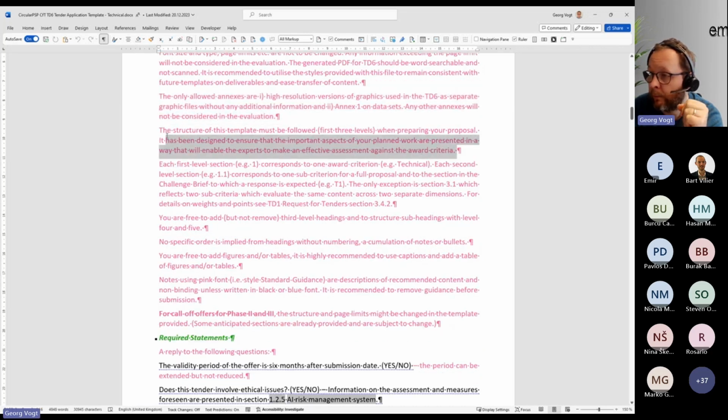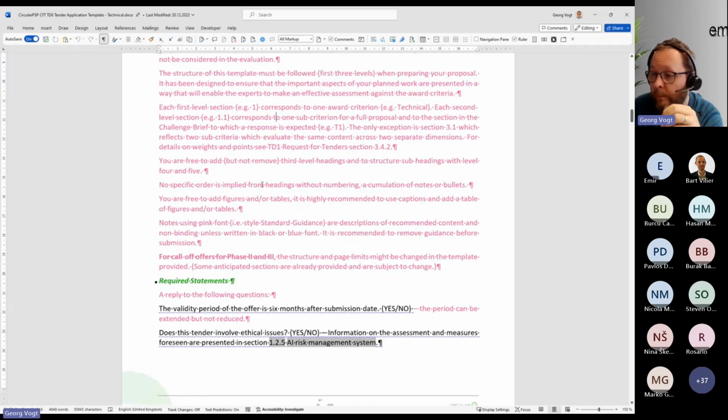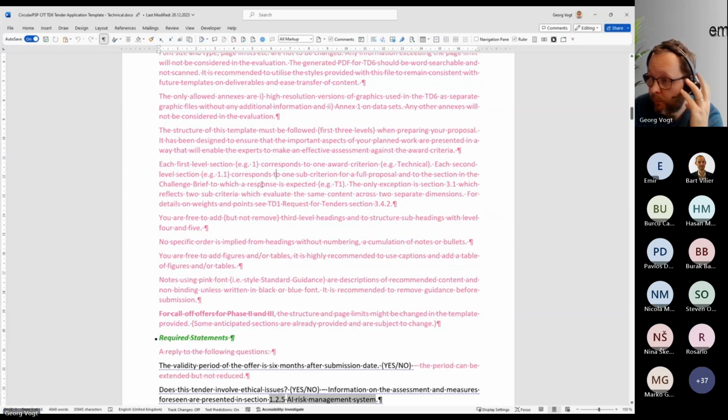The structure on the first 3 levels must be followed. We've done it with intent, for you to make it easy to respond to the tender, and for us to make it easy to read your tender, because we know what to score with which points and according to which section of the challenge brief.